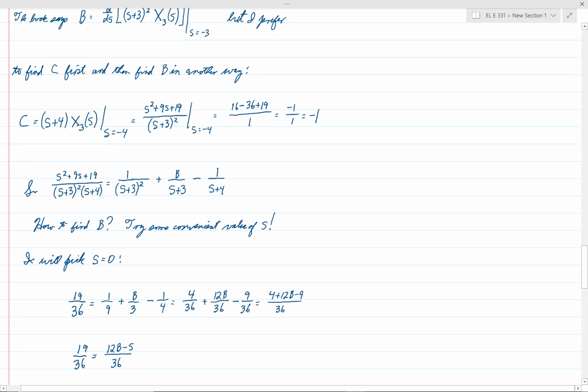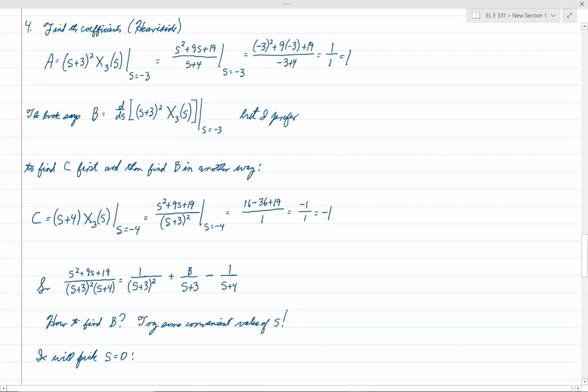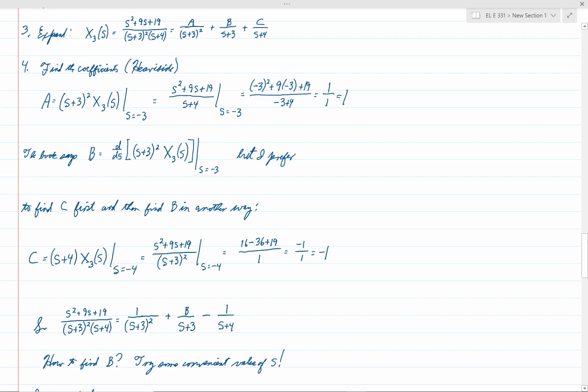Let me make sure you can still see it. There we go. I'm working with this equation up here, but substituting in A equals 1 and C equals negative 1. So we get (s squared plus 9s plus 19) over (s plus 3) quantity squared times (s plus 4) is equal to positive 1 over (s plus 3) squared plus B over (s plus 3) minus 1 over (s plus 4).